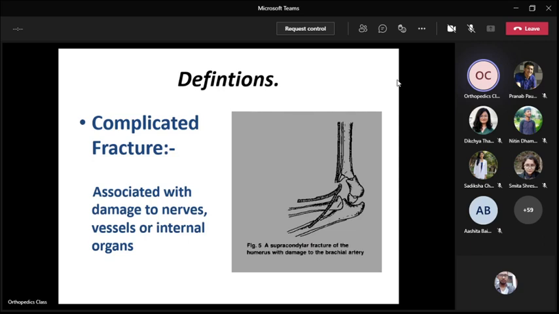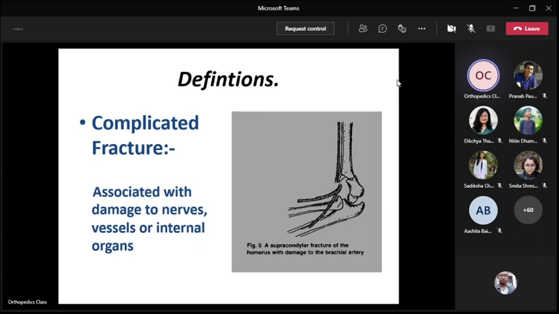These types of fractures associated with neurovascular injury are called complicated fractures. Sometimes a systemic injury is also there, with other systems involved like the chest or brain, so head injury. Those are all fractures associated with this condition. They are complicated fractures.